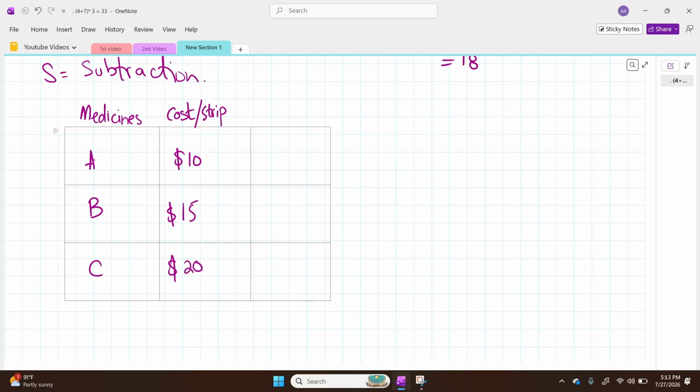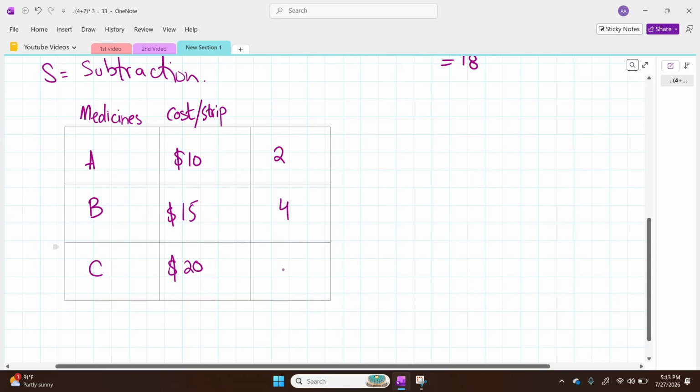Now of medicine A you buy 2 strips, of medicine B it is 4 strips, and of medicine C it is 3 strips.